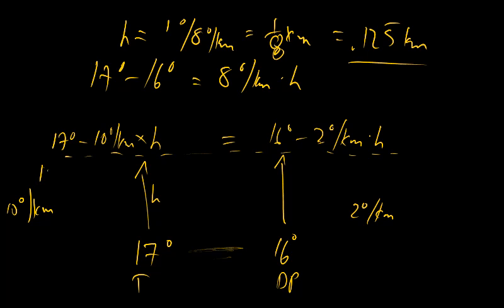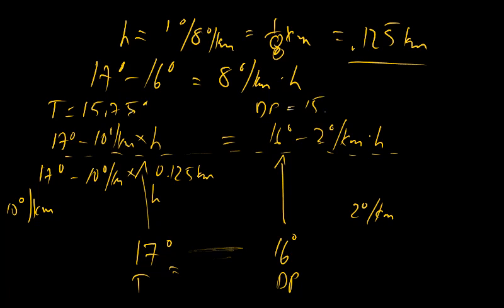Well, the temperature will be 17 degrees minus 10 degrees per kilometer times 0.125 kilometers, or 17 minus 1.25. So at a height of 0.125 kilometers above, the new temperature up here will be equal to 15.75 degrees. The dew point will also be 15.75.